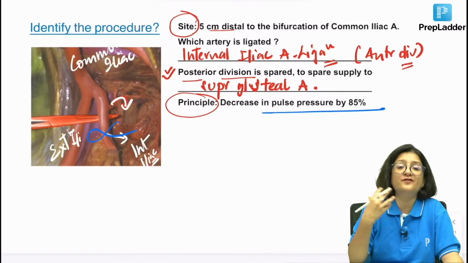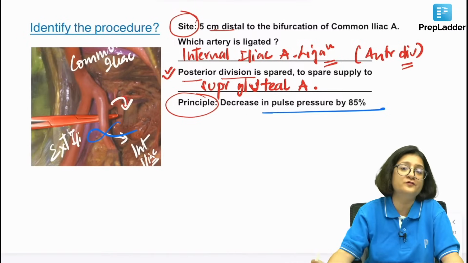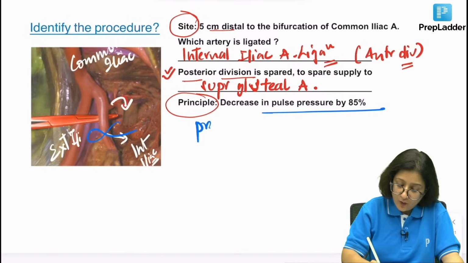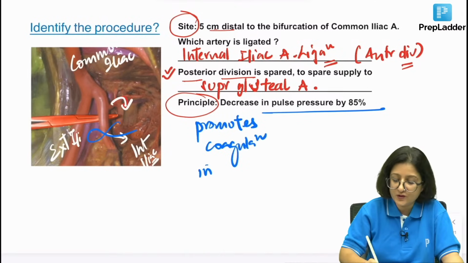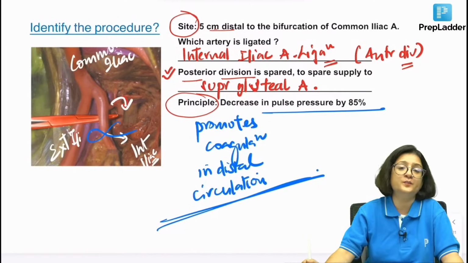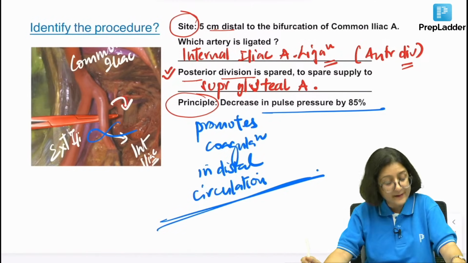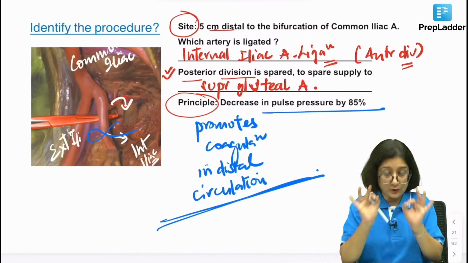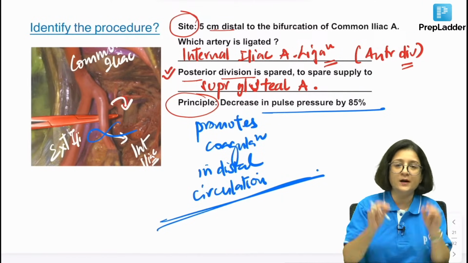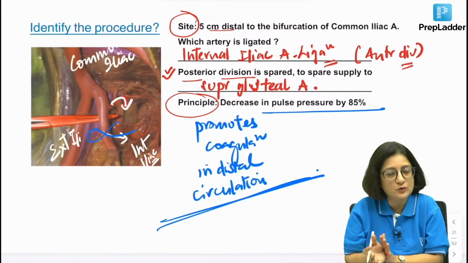It becomes like a venous circulation, with the characteristics of a venous circulation, slow flow, and that promotes coagulation, thrombosis in the distal circulation, and that is the principle of this procedure. Remember that. Now you can also understand that yes, we have this procedure mentioned in PPH cases also, right?